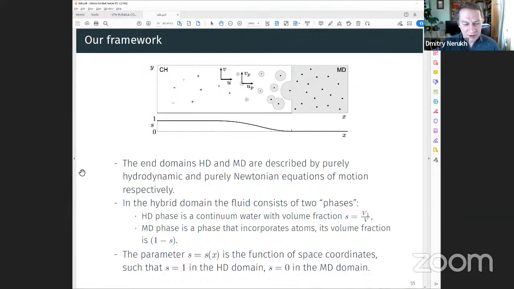There is a parameter S, which tells what the fraction of each phase is. If S equals 1, then we have purely hydrodynamics. If S equals 0, we have purely molecular dynamics. That is only the theoretical model. Obviously, physically, it's one and the same water, right? But theoretically, it's represented by two different equations of motion, and they are correctly combined.